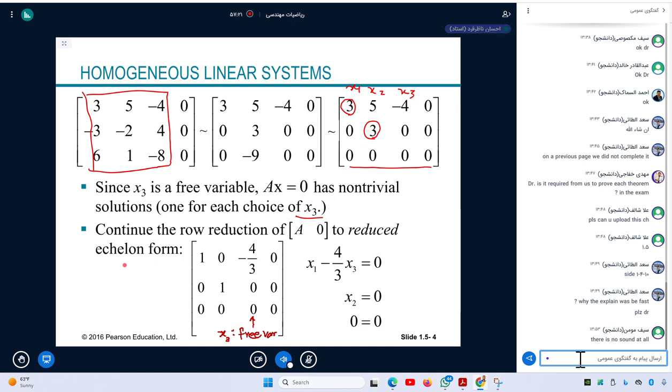If you continue this, you will reach this echelon form: 1, 0, minus 4 times 3, and this is 0, and this is the second row and the third row. This is very easy. If you divide the third column by 3, this becomes 1.